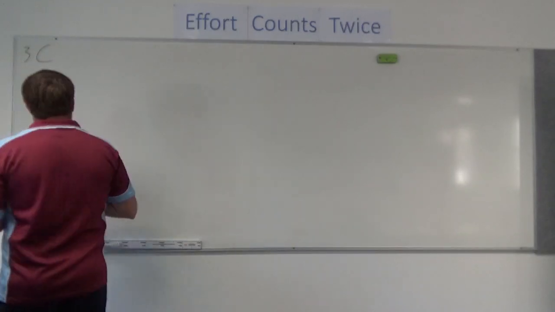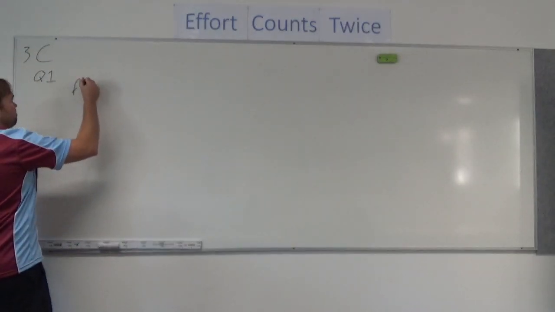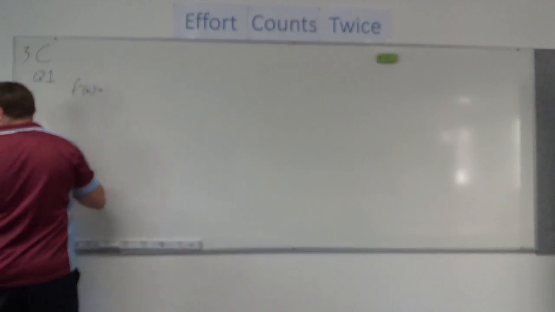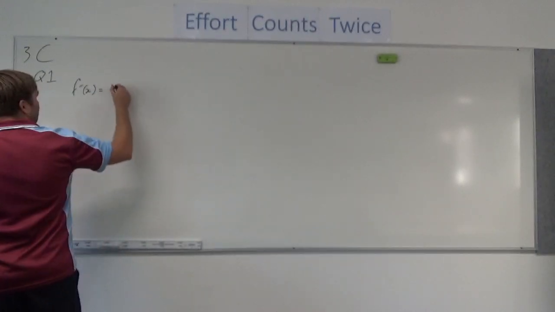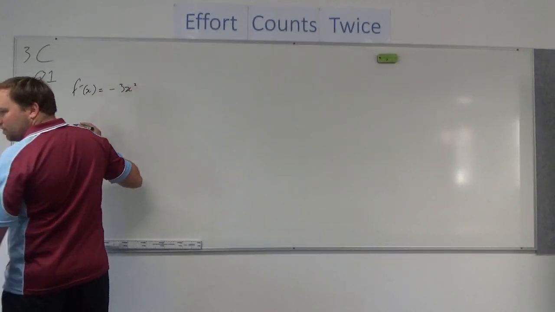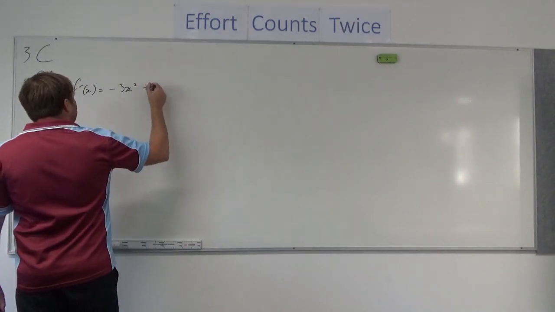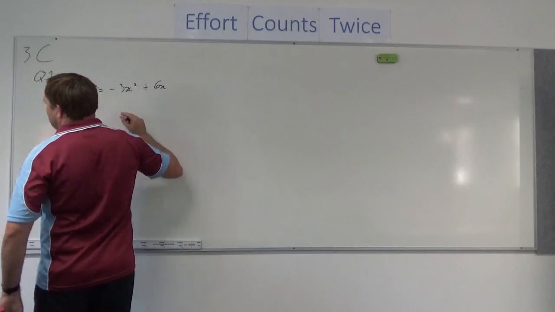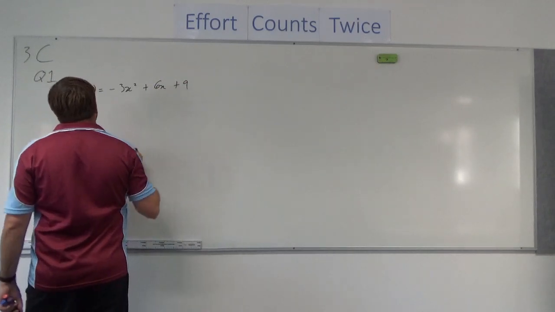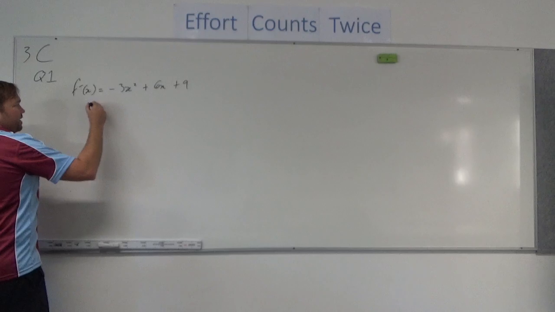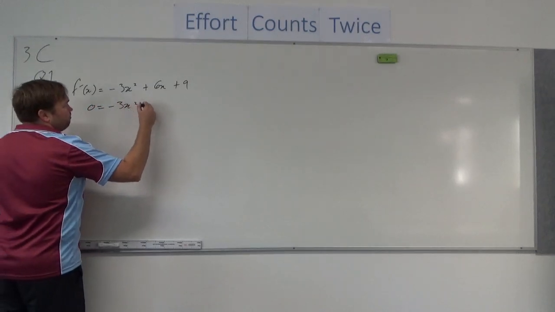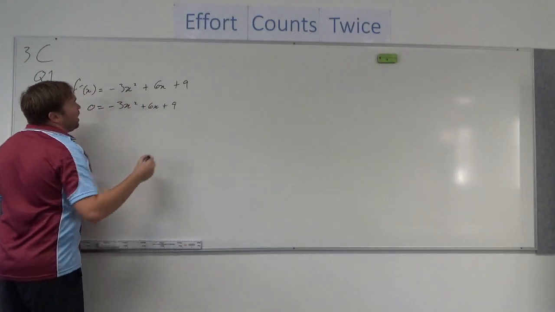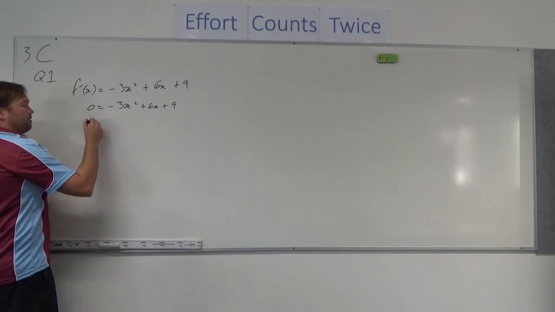Right, let's find f'(x). f'(x) is going to be minus 3x squared plus 6x plus 9. And we want to draw a sign diagram, so we set it equal to 0. I would then factor out minus 3.